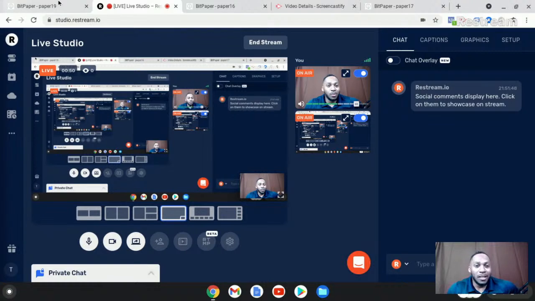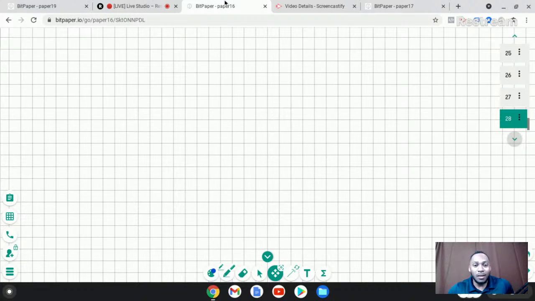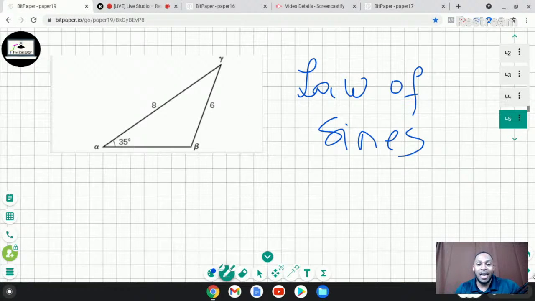Okay, all right, guys. So here's what we're going to talk about. We're going to talk about the law of sines. Here's what it's basically saying. If you give me two angles and one side in a triangle, I can tell you the value of all the other angles or all the other sides in the triangle.